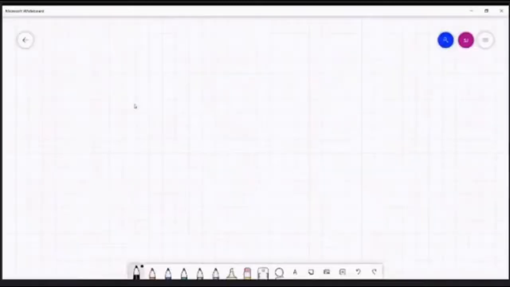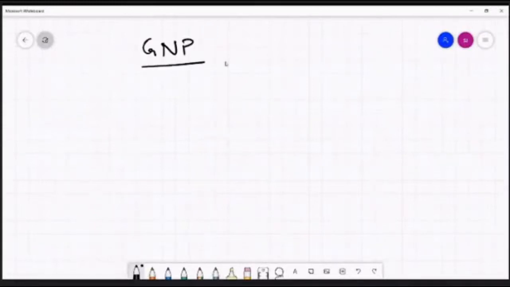Okay, so now you understand that GDP is the domestic product. There is another concept which is GNP. Now this GNP is the gross national product.